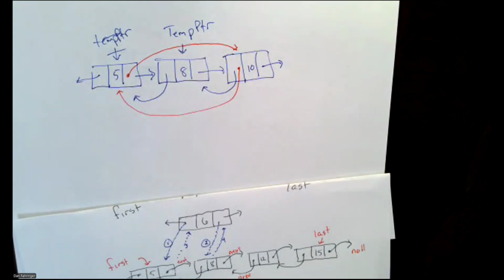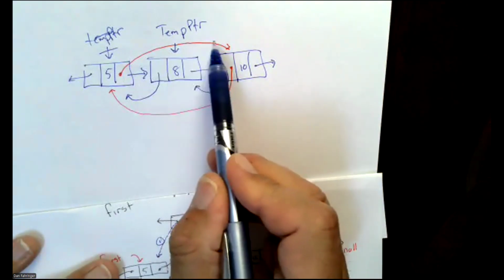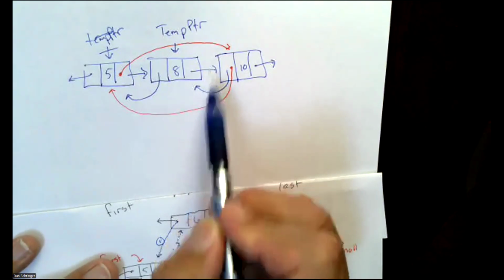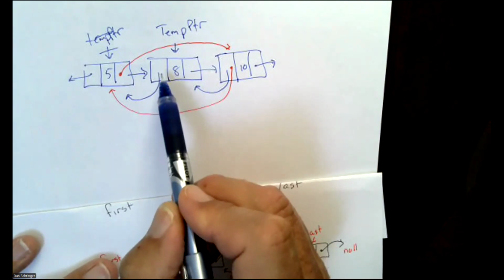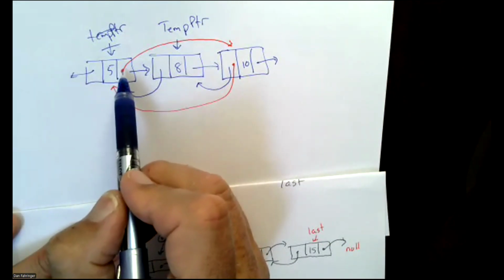If I'm drawing the picture, this gets a whole heck of a lot easier. I knew what I wanted to do, but I just drew the picture, and I think I'm almost there by looking at the picture, because this has to become that. This has to become what that was. So let's see, what is this guy right here?